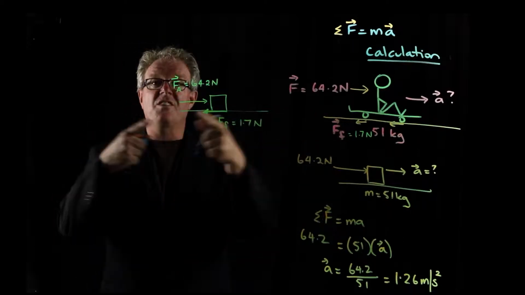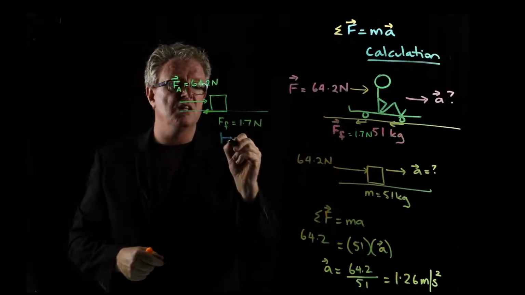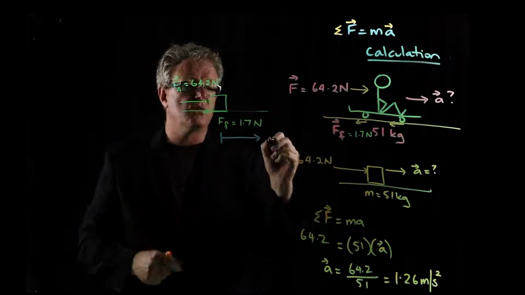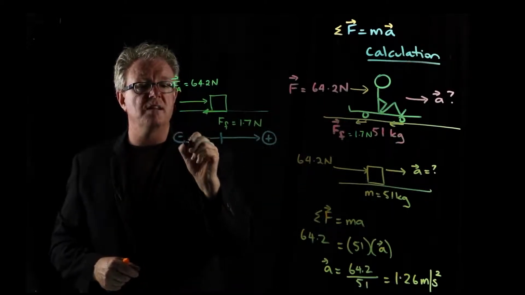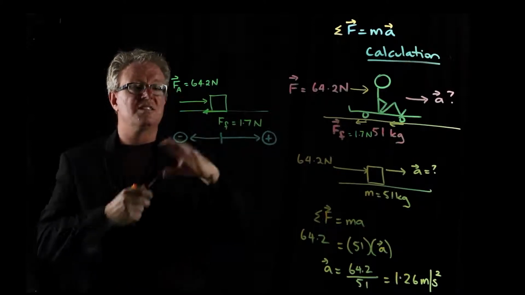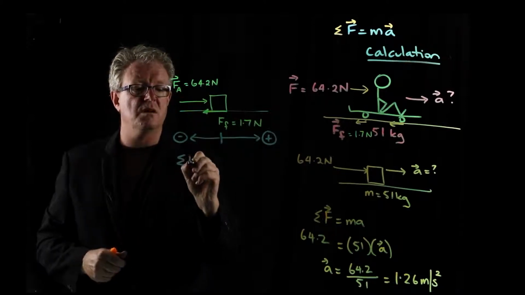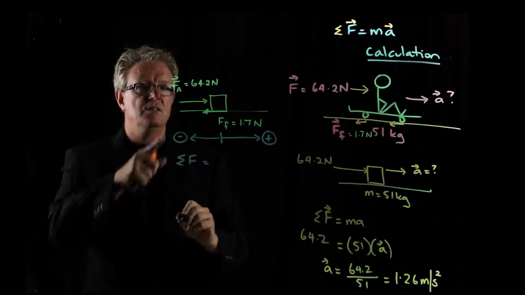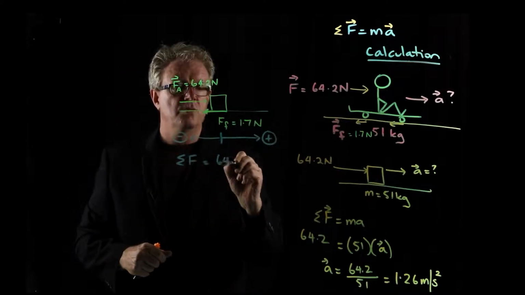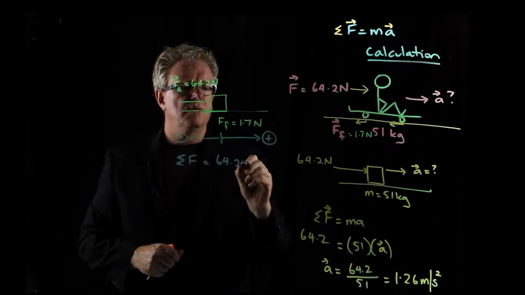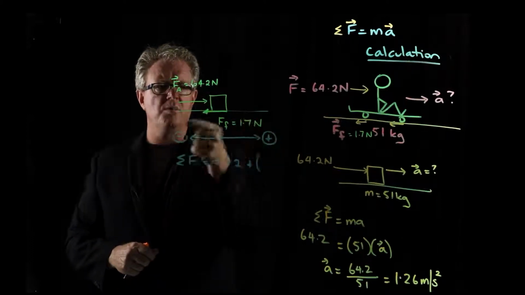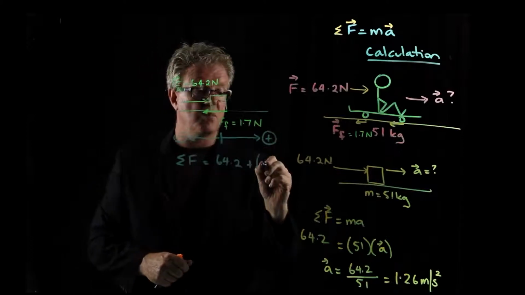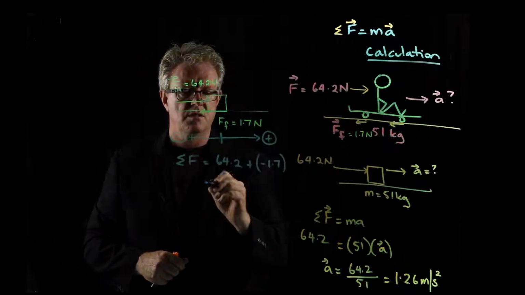Now, of course, this is along the x-axis, and remember we said that anything towards the right is going to be positive, and anything towards the left is going to be counted as negative. So let's sum the forces now. The sum of the forces is 64.2, plus all the force going in the opposite direction, which is minus 1.7.